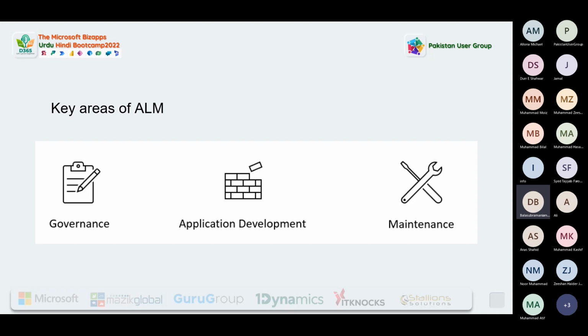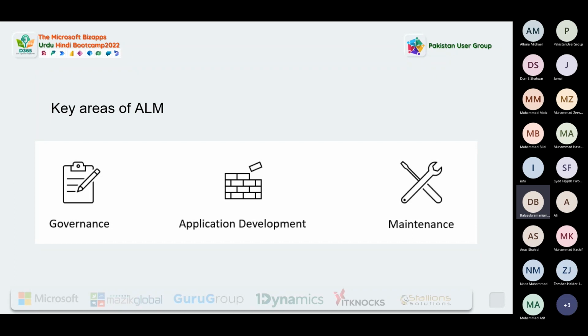And these are the three main key areas of ALM. Governance includes requirement management, resource management, and system administration activities such as data security, user access, change tracking, review, audit, deployment control, and rollback. All this comes under the governance part.